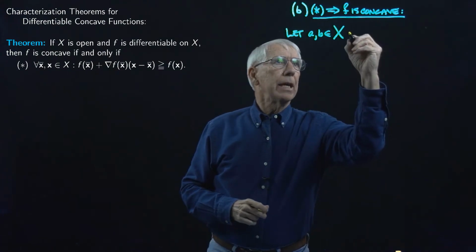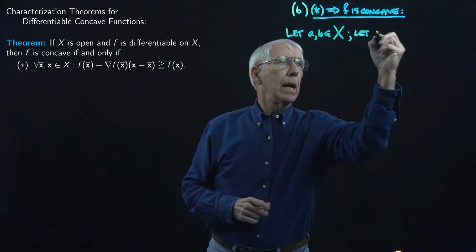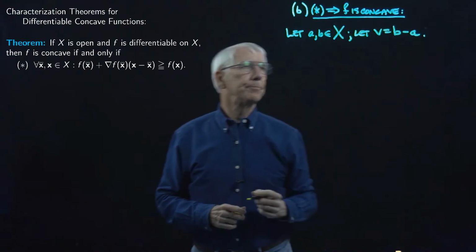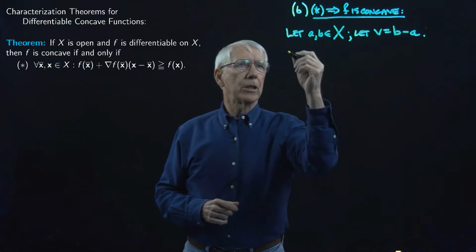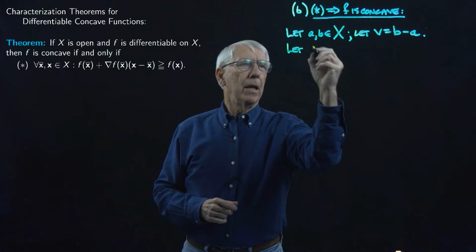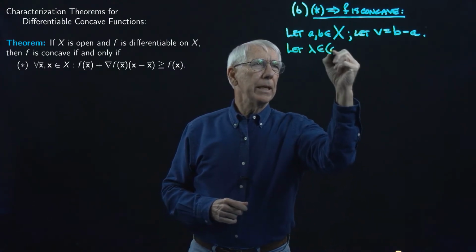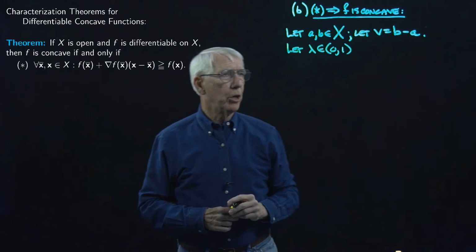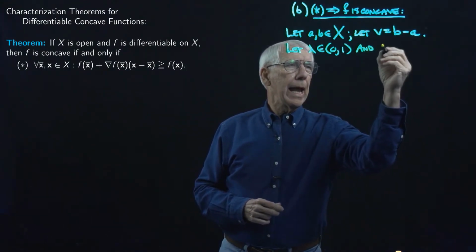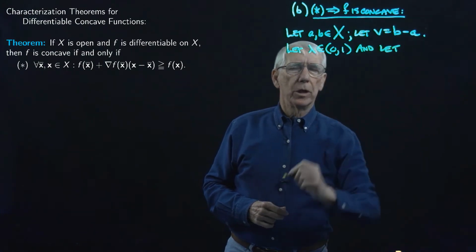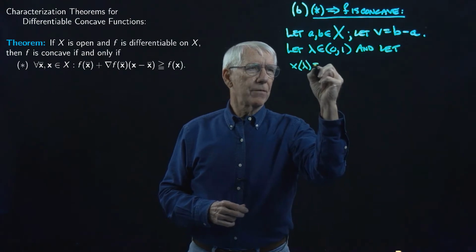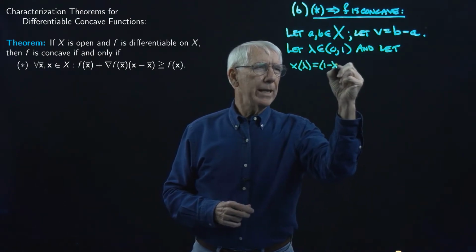And let's let V be the difference between these two vectors, the B vector minus the A vector. And let's let lambda be between 0 and 1. And we're going to say, as we have done often, that x of lambda is just 1 minus lambda.